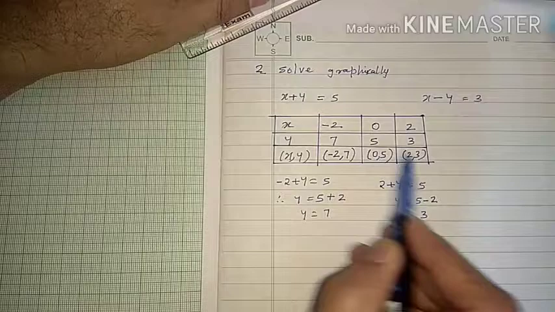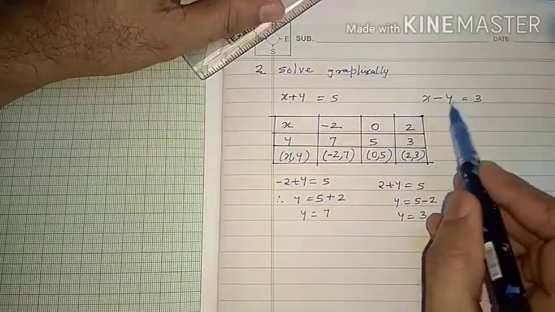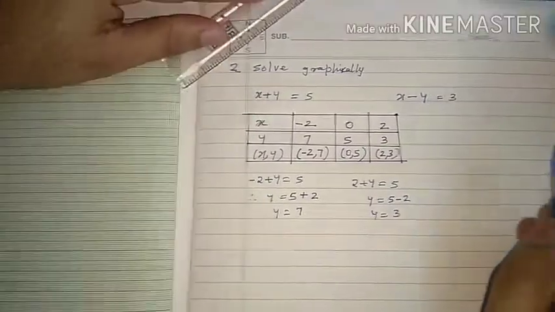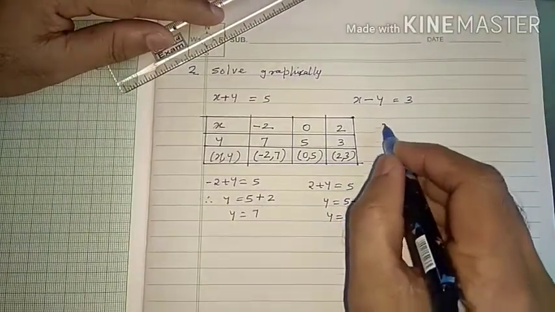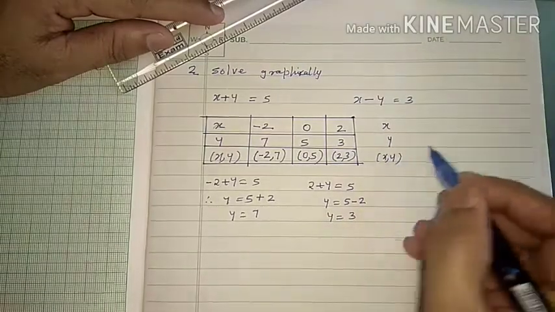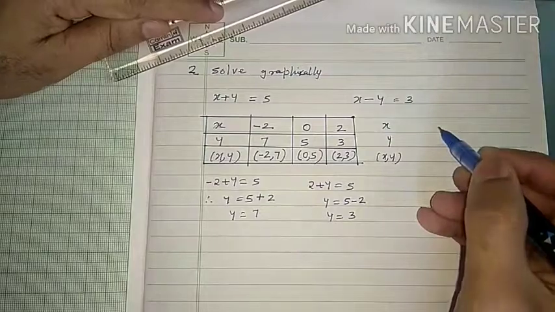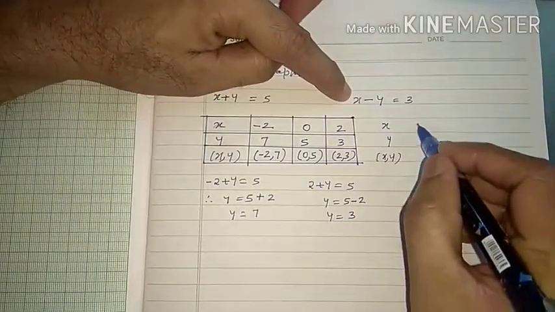These are the 3 points for this line. Now we want this point. For this line, we have to get the points. Here also we have x, y, x comma y. Here we put points in a different manner. Put x is 0.